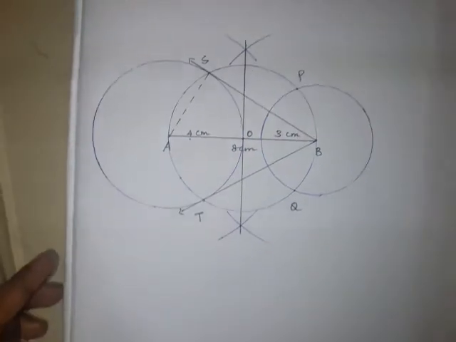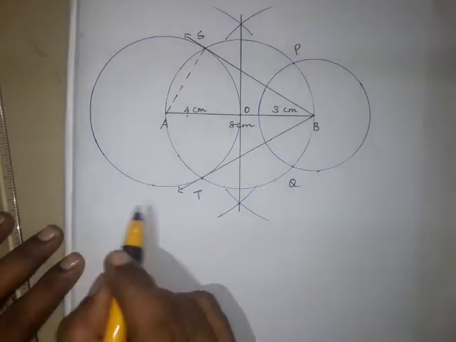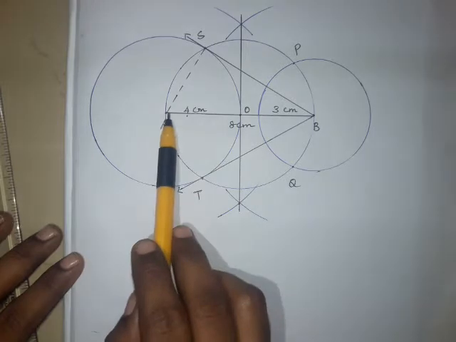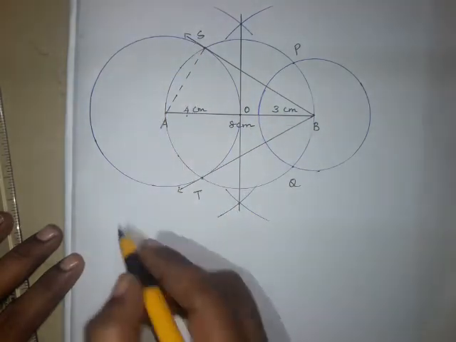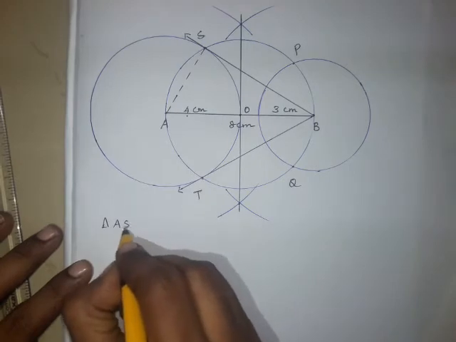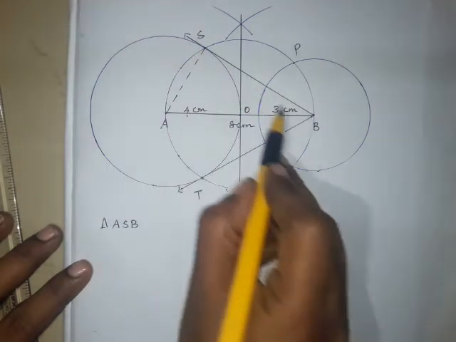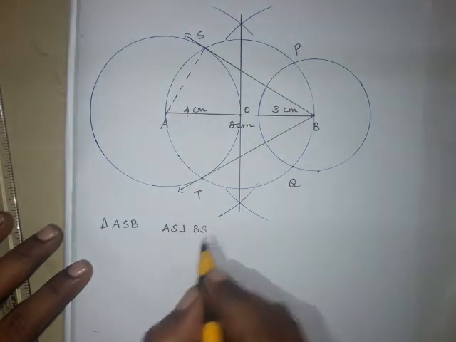Okay, for justification, to measure the tangent length we need a triangle. Now I am taking triangle SAB. Okay, this triangle ASB. Now AS perpendicular to BS. AS is a radius, BS is a tangent.